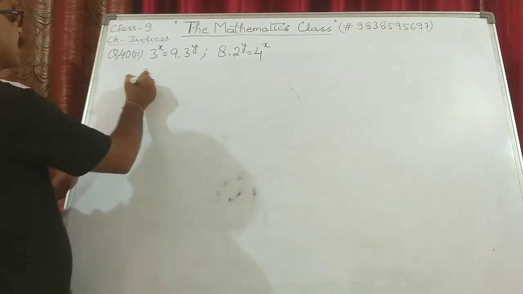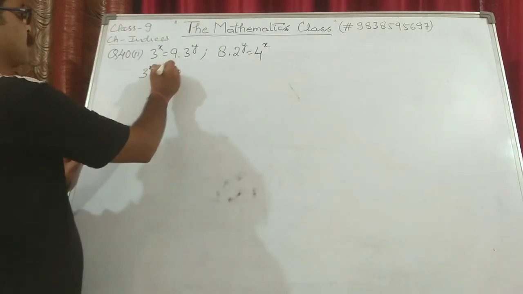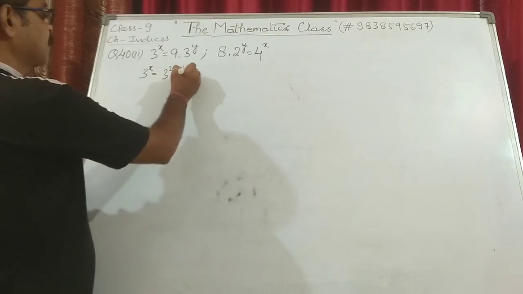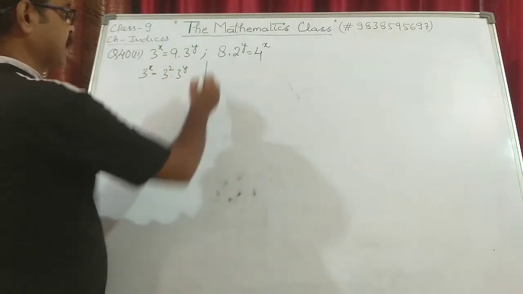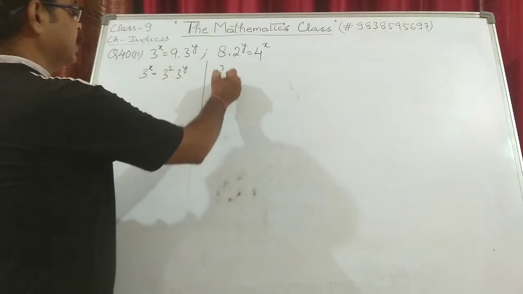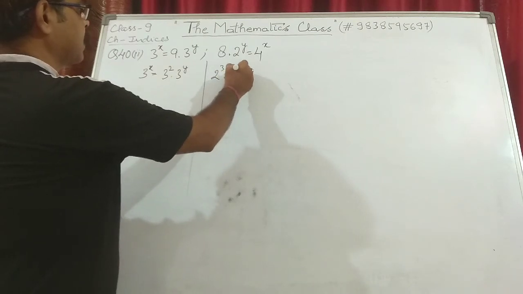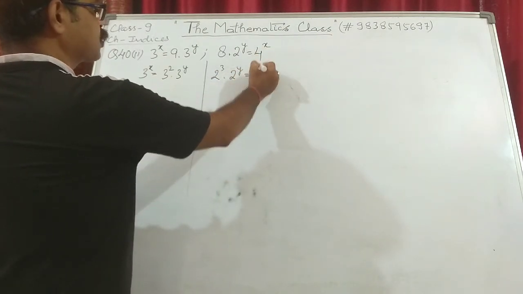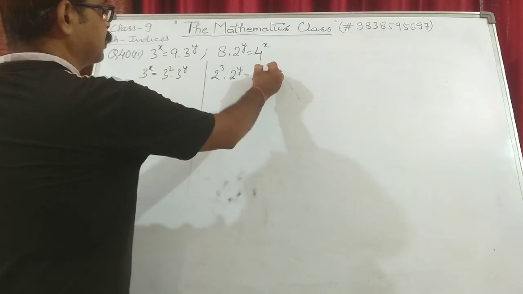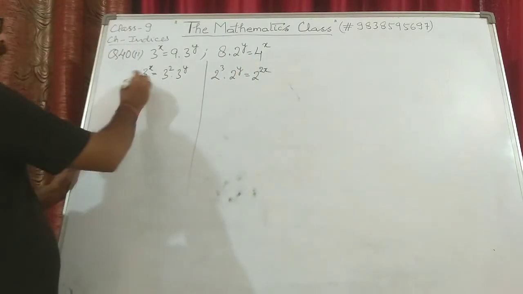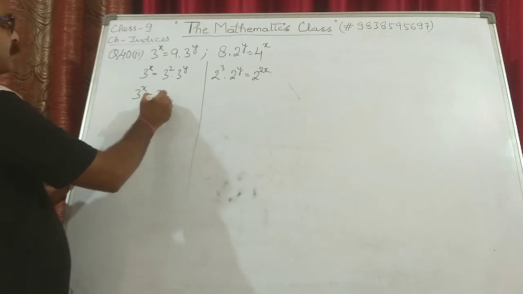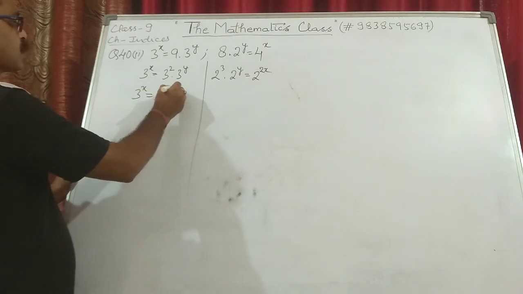This can be written as 3 to the power x is equal to 9, which can be written as 3 square, into 3 to the power y, whereas 8 can be written as 2 to the power 3 into 2 to the power y is equal to 2 to the power 4, which can be written as 2 square, so 2 square and into x means 2x. Now this can be written as 3 to the power x is equal to 3 to the power 2 plus y.